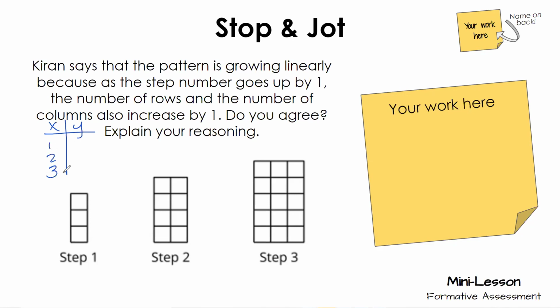Here's our steps. We went from 3 to 8 to 15, right? What's the difference between here and here? 5. What's the difference between here and here? 7. So the second difference is 2. So 2 is somewhere in our equation. Okay. We know that we're going to have a squared.